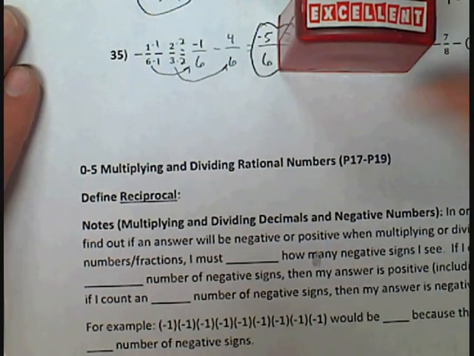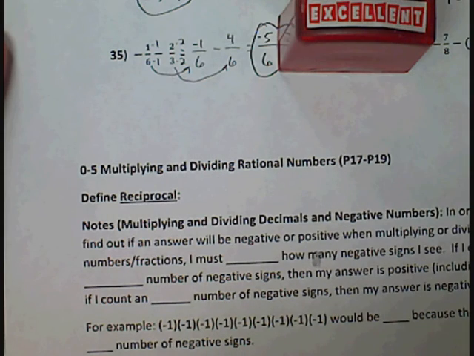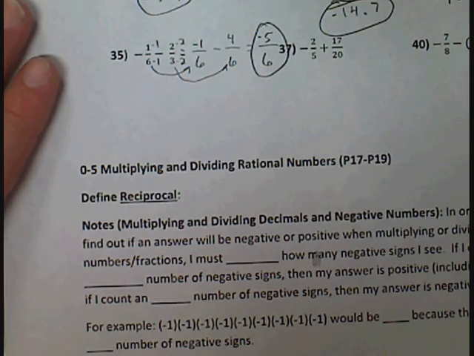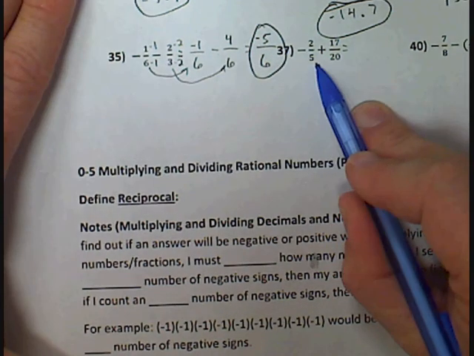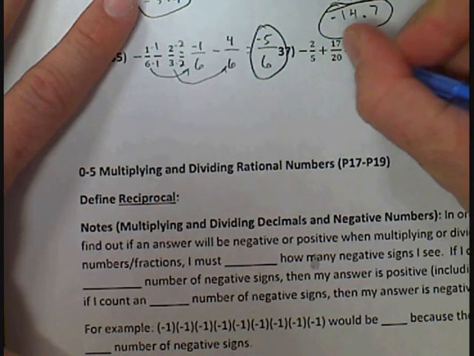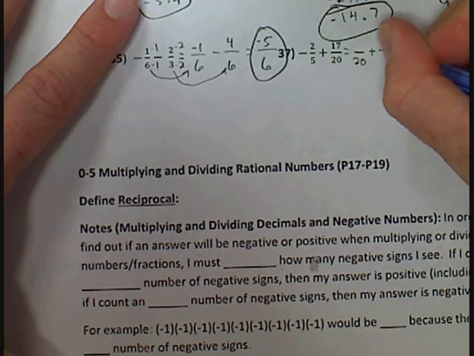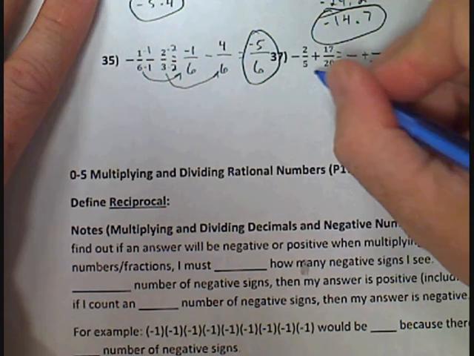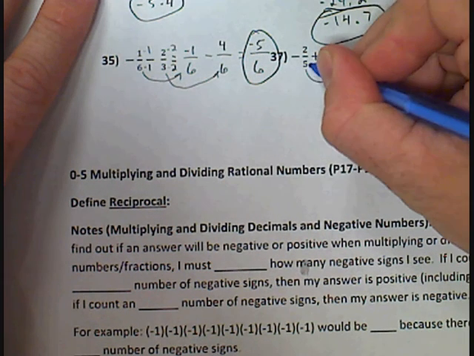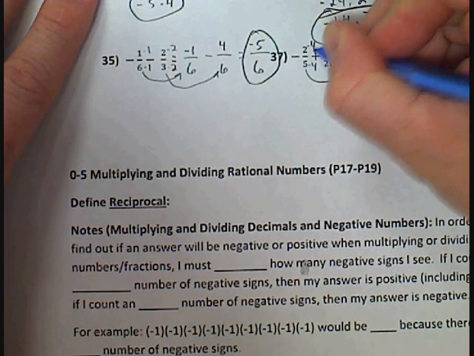Pause the video on 37 and try. Different denominators. My least common multiple would be 20. Something over 20 plus something over 20 equals something over 20. How did I get from 5 to 20? Times 4. So I have to do the top times 4.